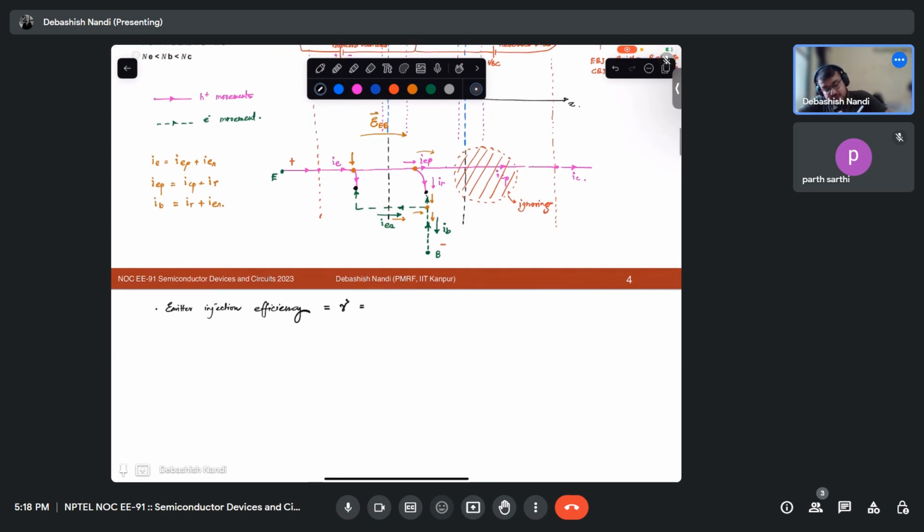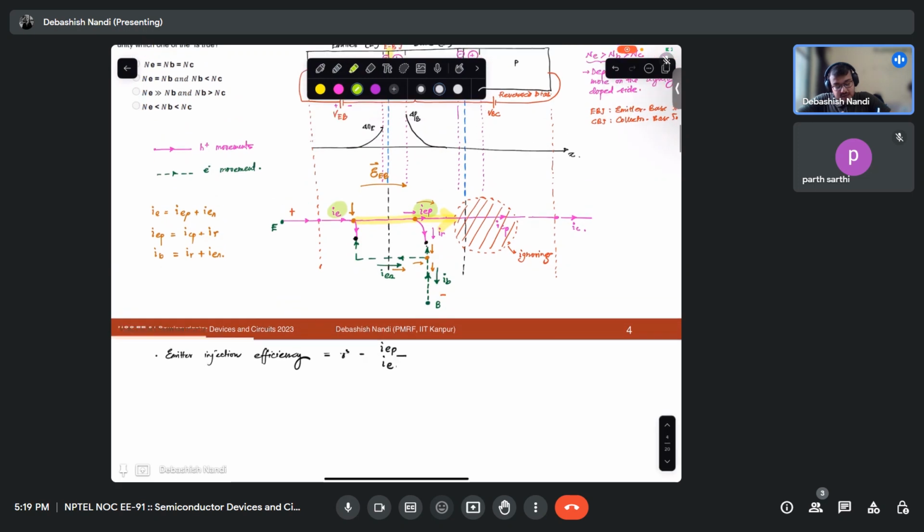It means how efficiently my current is moving from this point to this point. How do we define it? We define it in the following manner. It is IEP over IE. That means this current over this current. Fine.